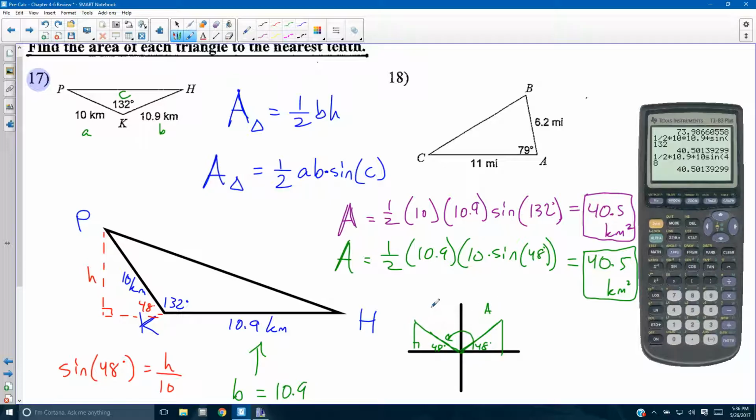All students take calculus: sine values are positive in both quadrants. And sine of 132 is the same as sine of this triangle's angle, even the sign is the same. So what's nice about obtuse angles is we can use the acute supplement counterpart, and you'll still get the same answer regardless.